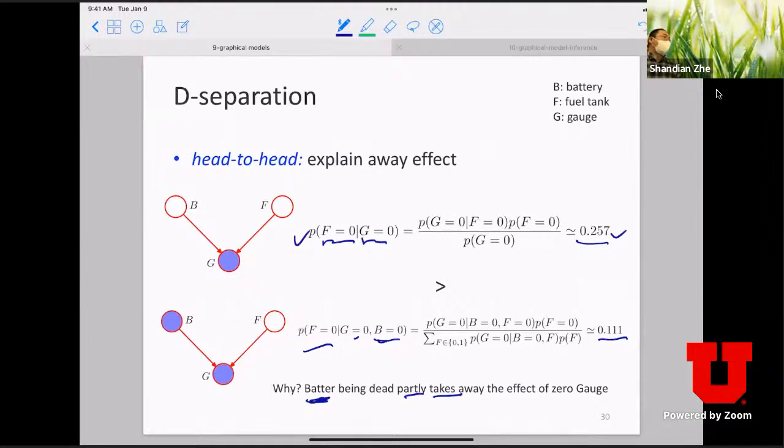This is the reason, right? If you don't know the battery is dead, you consider both the case that the battery is dead and the battery is alive, so you have a larger chance. Now you have observed the battery has already been dead. You know that the battery being dead has taken away part of the possibility that you have a zero gauge.